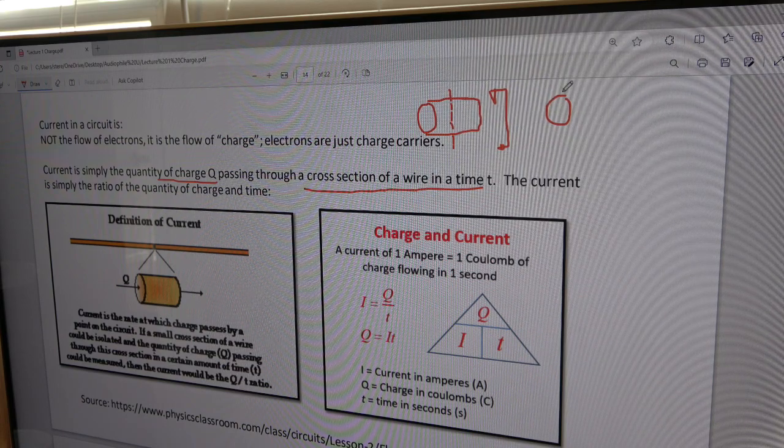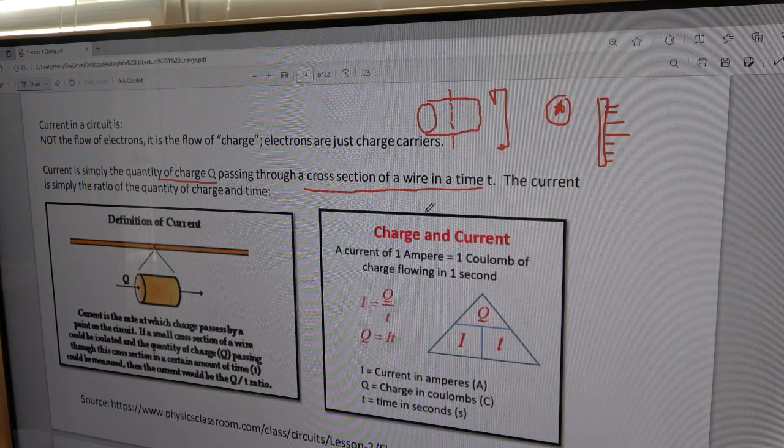Actually, let me not look at it that way. Let me just take this cross section and view it like this, even though it's infinitesimally small. It's just a cross section. Now, it's the amount of charge that passes this threshold in a given period of time.